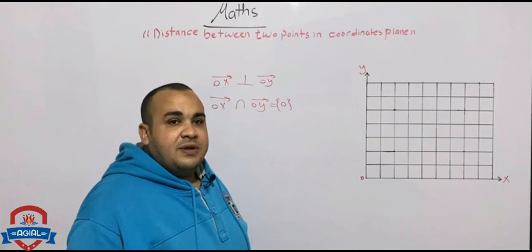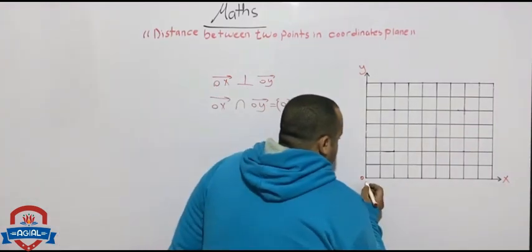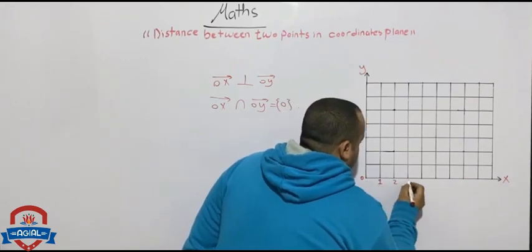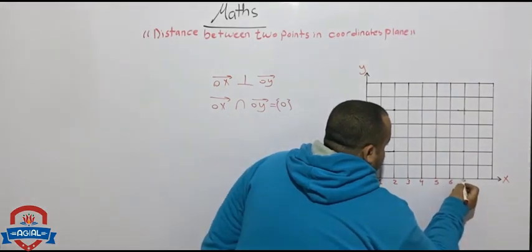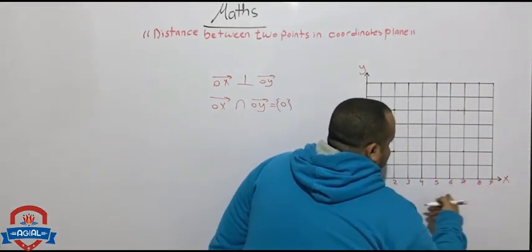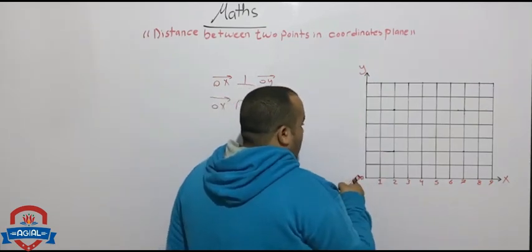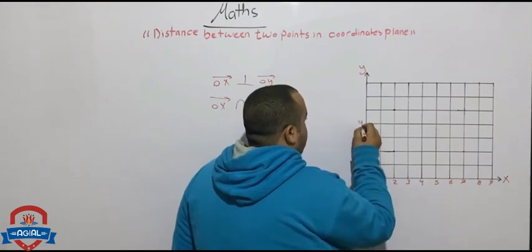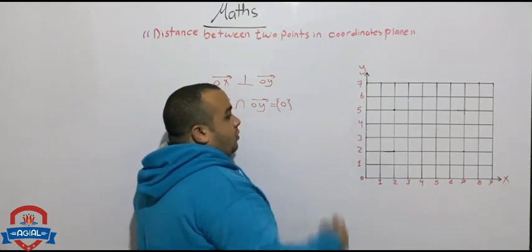So to represent the natural numbers in the coordinate plane, we start from 0 and move right 1, 2, 3, 4, 5, 6, 7, 8, 9 and so on. And on the ray OY we also start from 0, 1, 2, 3, 4, 5, 6, 7 and so on.